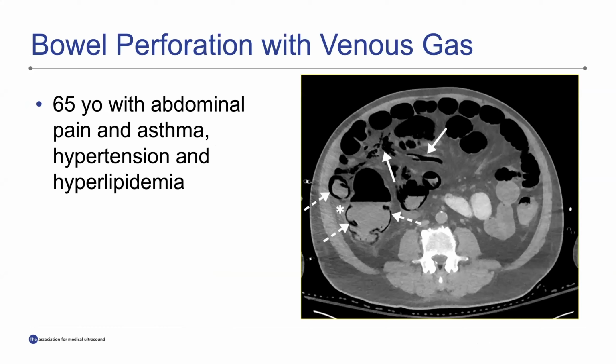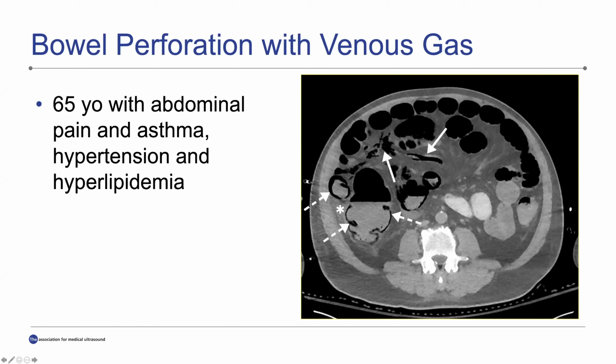Here's a 65-year-old who presented with abdominal pain, had a history of asthma, hypertension, and hyperlipidemia. And what this CT scan is showing you is gas within some of the veins. We see gas within the wall of the bowel, all related to hypoxia and ischemia leading to perforation.